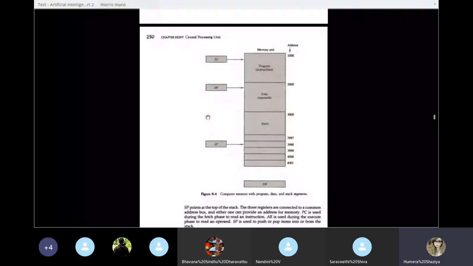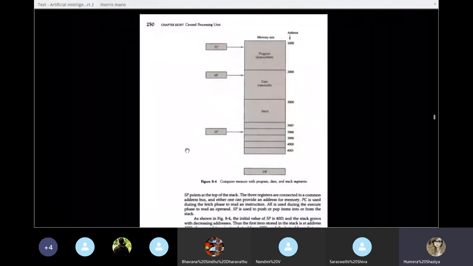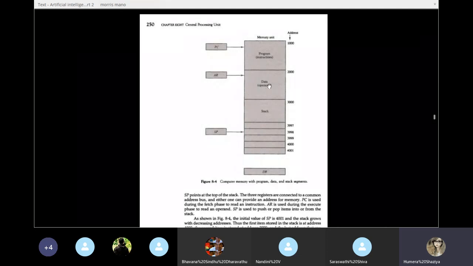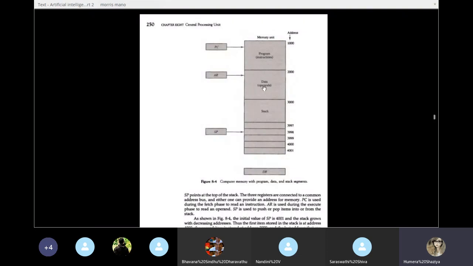Okay, this is computer memory, divided into different units. This is our program. This is the area where we are storing the programs, meaning the instructions. A program is nothing but a sequence of instructions. And this is the area where you are storing the data or the operands.